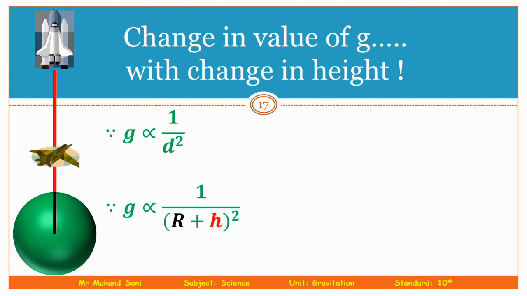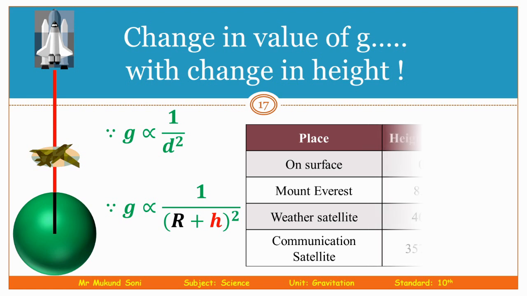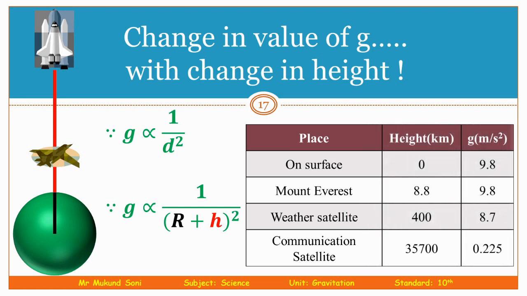That means d will be replaced by r plus h, that is the radius of earth and the height from the surface and above. That's why they are in the same color. The more the h, the bigger the denominator and the smaller the gravity. For smaller heights it does not matter much, but for big heights it really matters a lot.